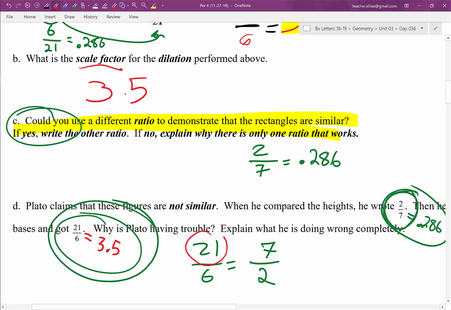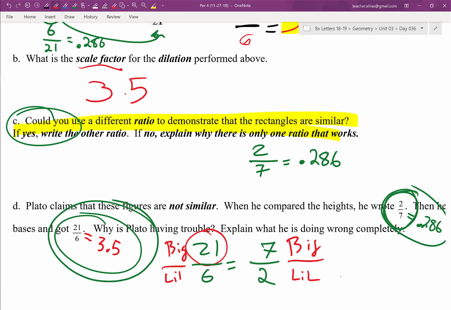Do you see how on top he's got a big number, and on bottom he has a little one? Then when he goes to write the other ratio, which number has to be on top? The big. When you switch it. Yeah. You've got to match it up. If you start with big on top and little on the bottom, then the other ratio has to match.